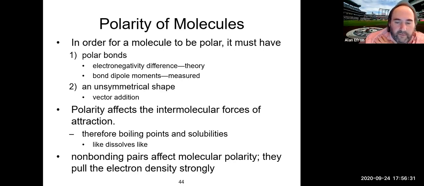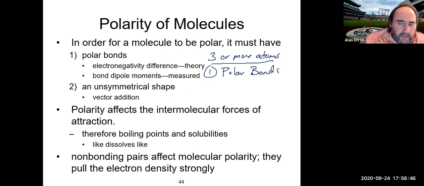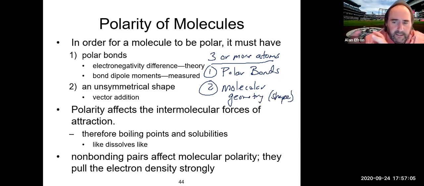So once we have 3 or more atoms, we have to determine, first off, are there polar bonds? And second, once we determine whether there are polar bonds, we need to look at the molecular geometry, or the shape. So it gets a little more difficult when you have 3 or more atoms together in a molecule. You have to look at those two things.